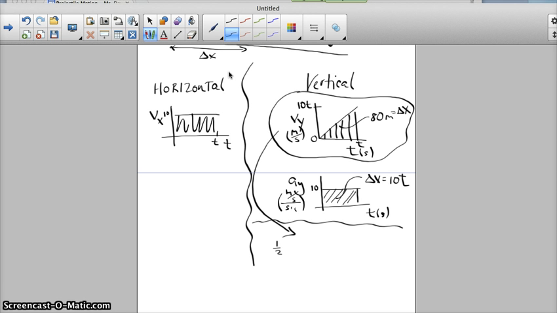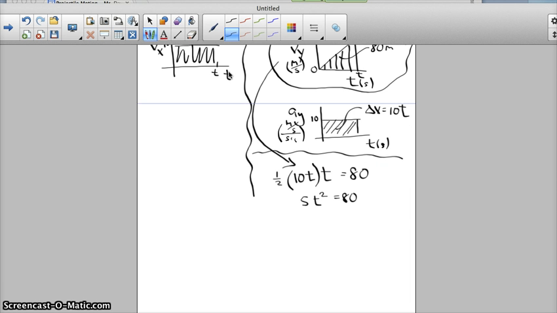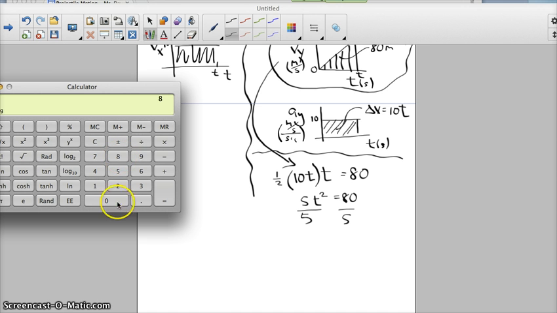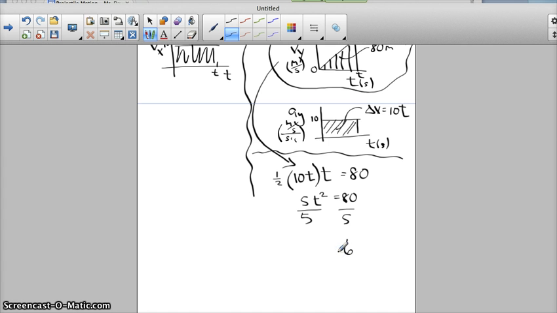So 1/2 times 10t times t has to equal 80. So that means 5t squared has to equal 80. Okay. Divide both sides by 5. 80 divided by 5 is 16. Okay. And 16 has to equal, therefore, t squared. So t is going to be 4 seconds. So that's the time for this projectile to actually hit the ground.